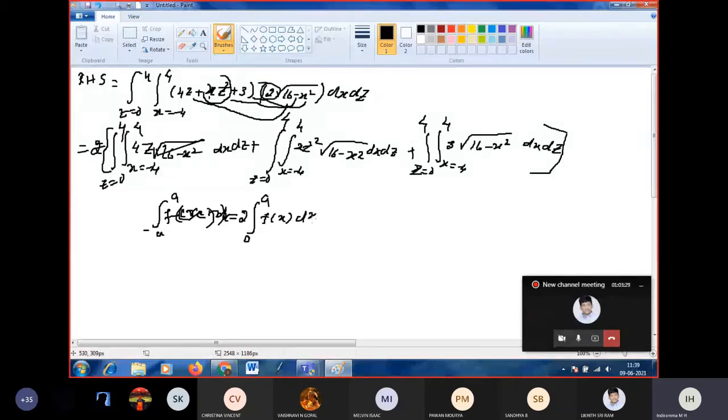Is it right? Yes, ma'am. And if f of x is odd, what is the integral value? Zero, correct?